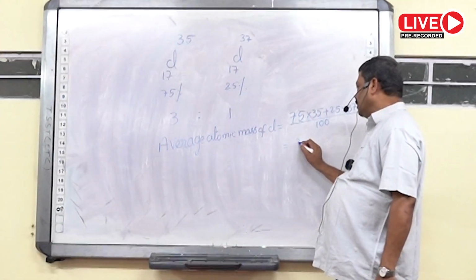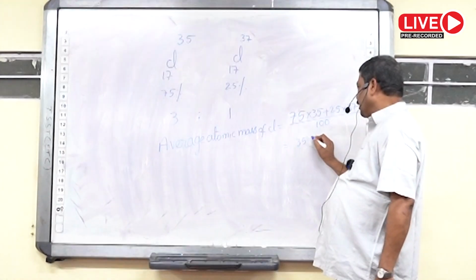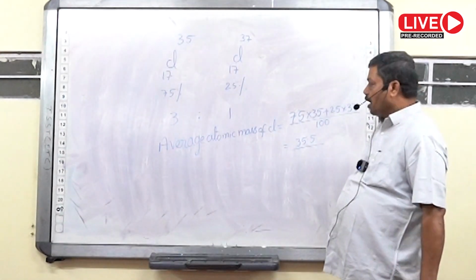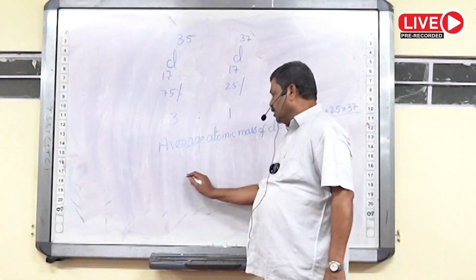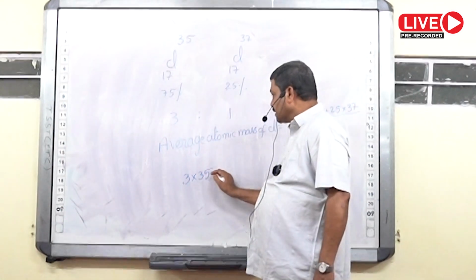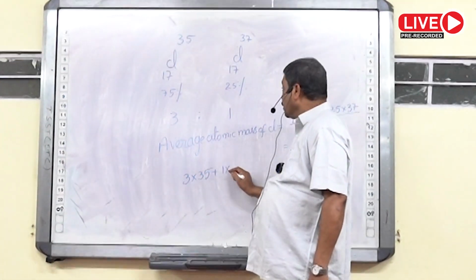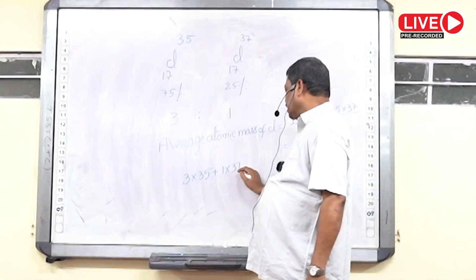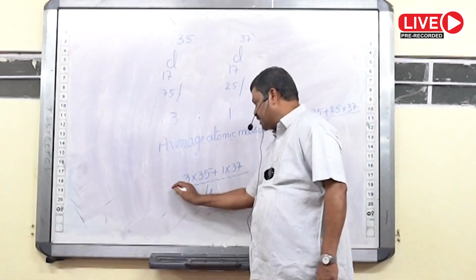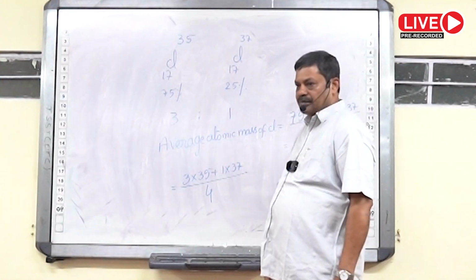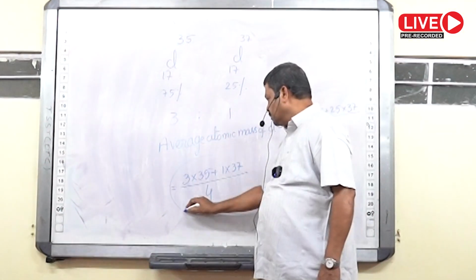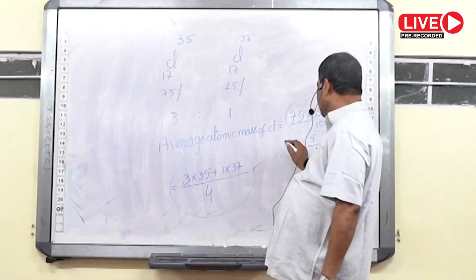This gives a value of 35.5. Or you can also say 3 units of 35 mass plus 1 unit of 37 mass for a total of 4 units. Whether you use this value or this value, you will get the same answer.